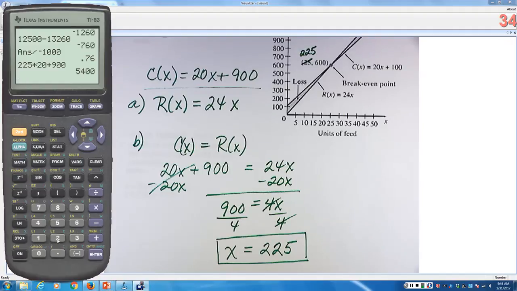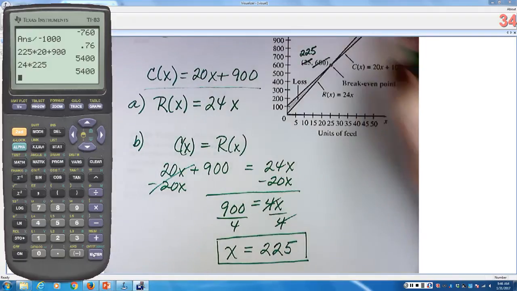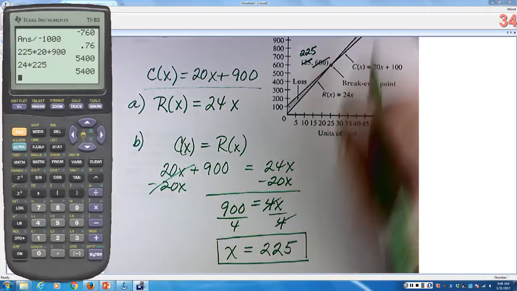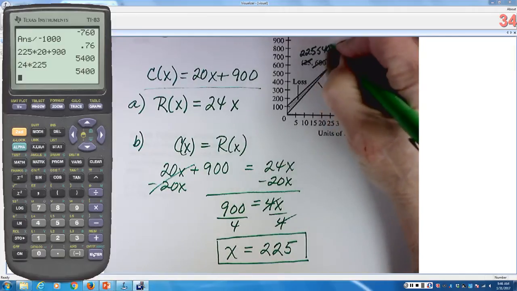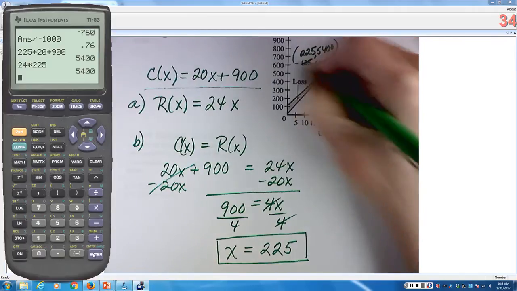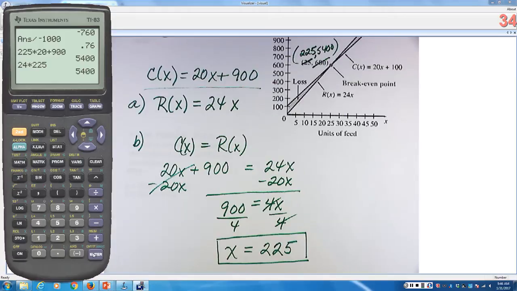And they sold for $5,400. I think this must be for another problem. Well, no, they've got the right functions. These people really did mess up. You want to change that point on your graph.